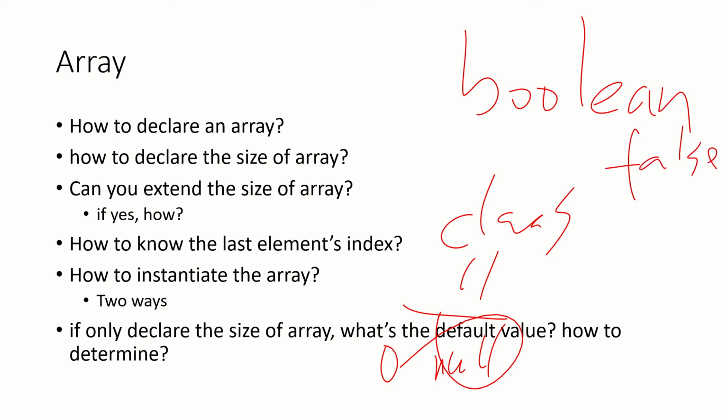False. How to determine it? Based on data type. If it's Boolean, the default is false. If it's a number, it will be 0 or 0.0, because sometimes you have a float or double, and the default value will be 0.0. Question?